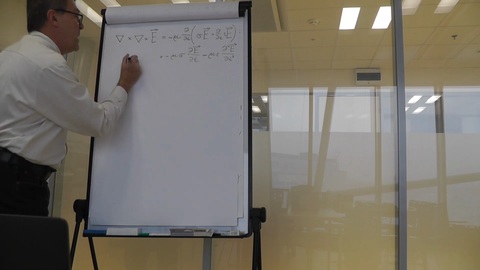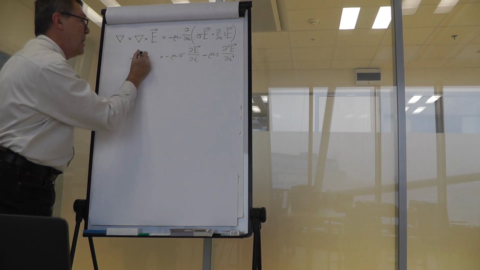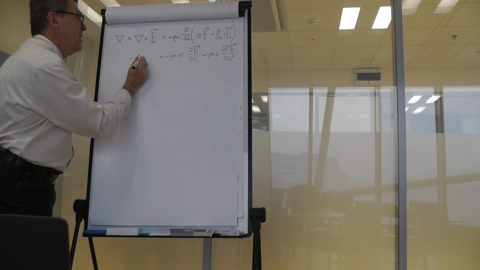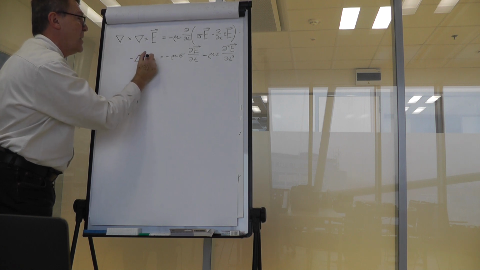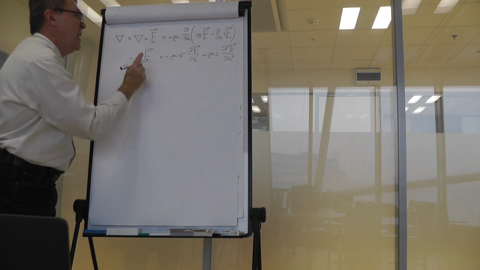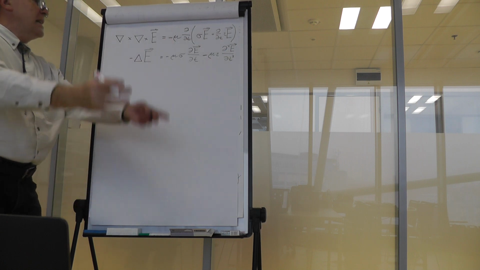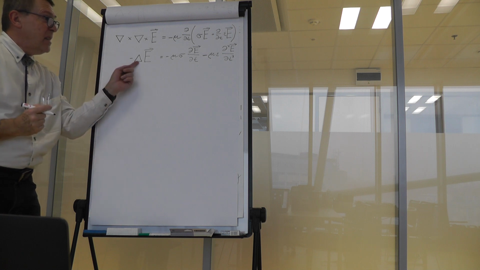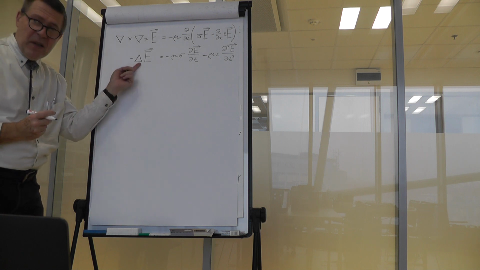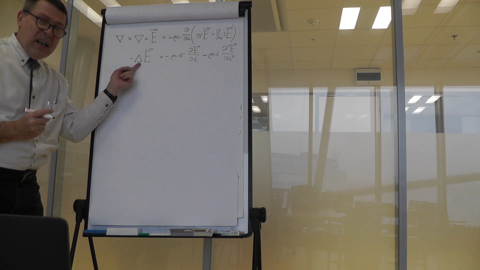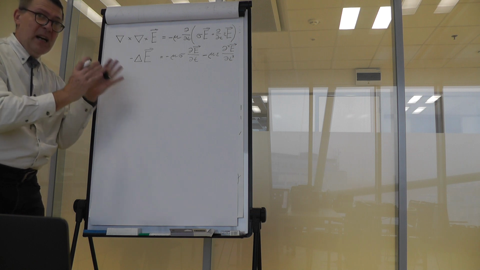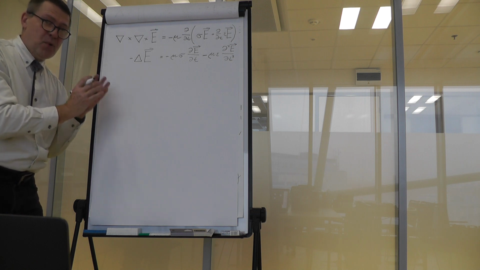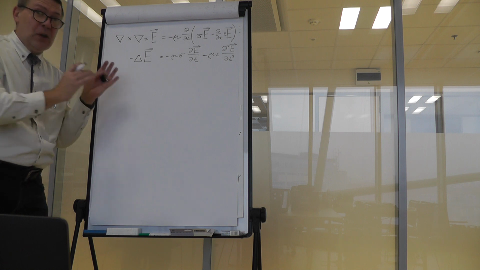So what we have here is minus Laplace applied on the electric field E as this. Let us get this equation. Again, this simplification is possible whenever there is free space with no source of the electromagnetic field. So this is an equation that governs propagation of the wave, not creation.